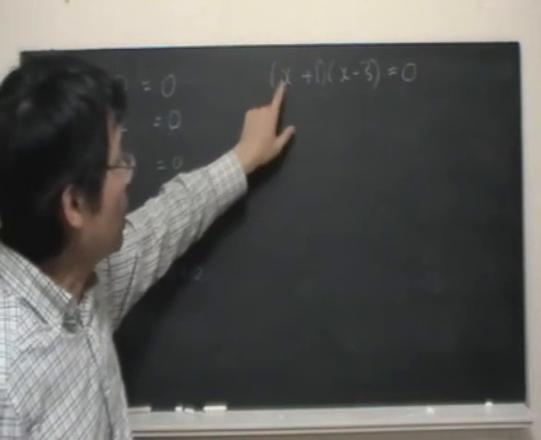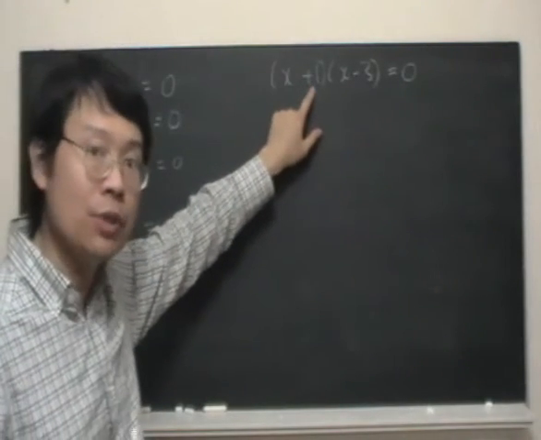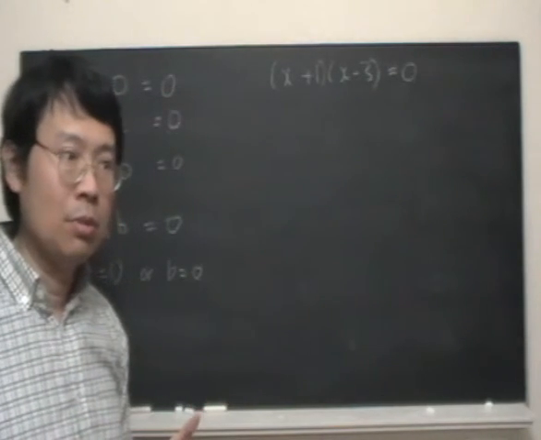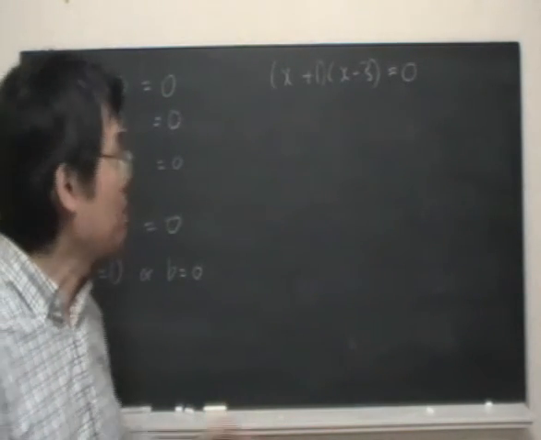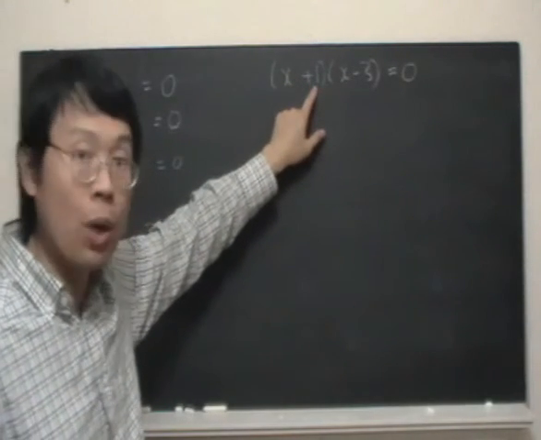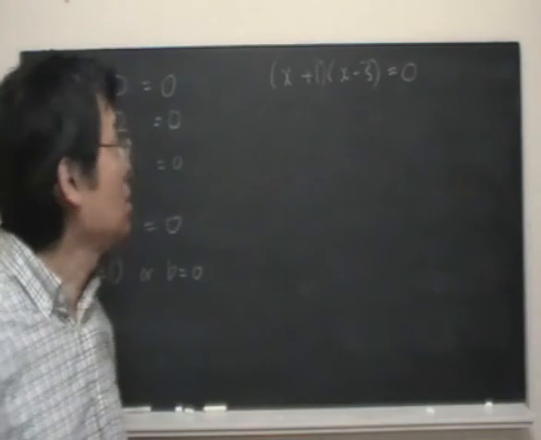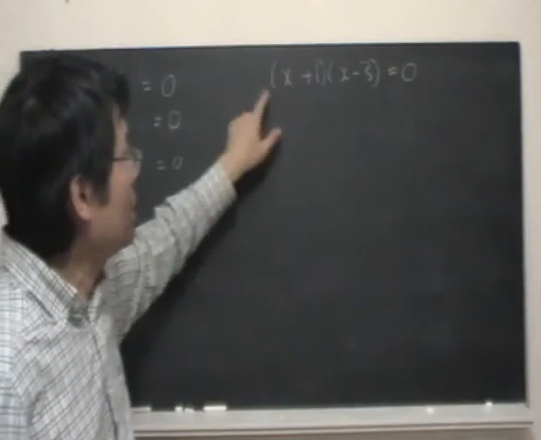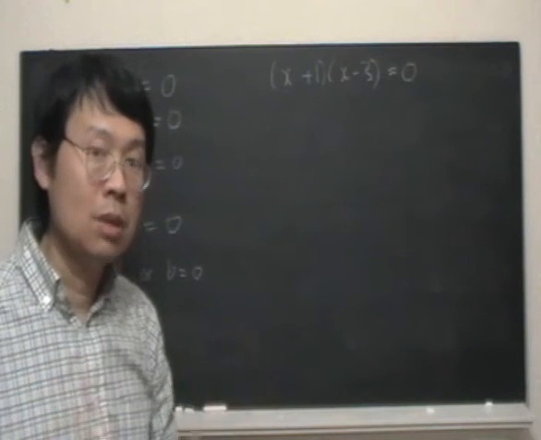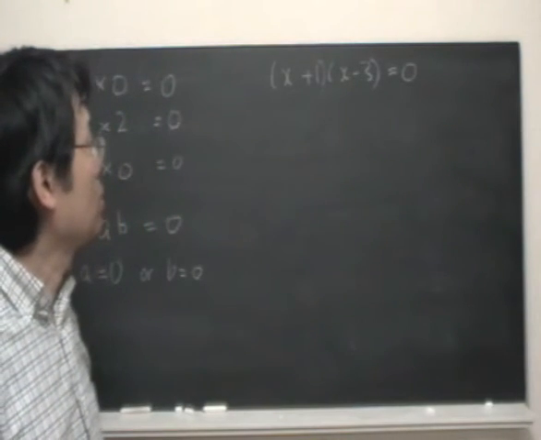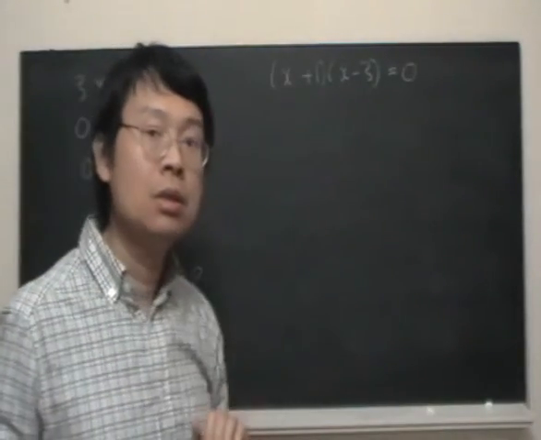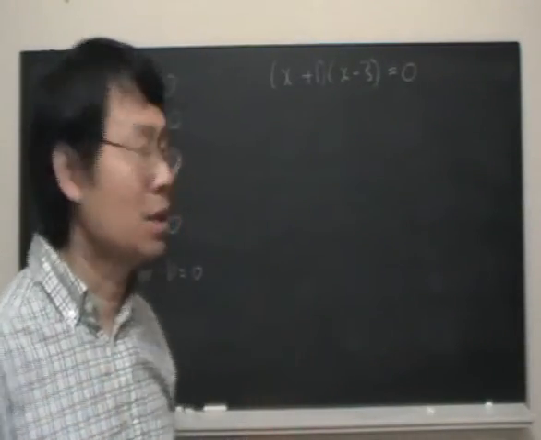After all, if you look at this x plus 1 in the first bracket, we don't know x, but we know that x represents a number. So if you have here a number plus 1, which is just a number, that means this bracket is really a number. So x minus 3 in the same way is another number.